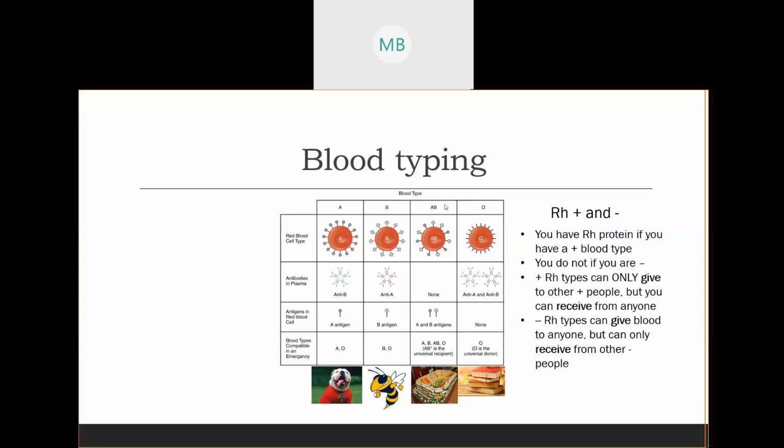So A and B end up being codominant with each other, and if an A mom and a B dad have a child, there is a possibility that the kid will inherit both name tags and end up with what is called an AB blood type. AB blood type means that all of the red blood cells on an AB individual have both the A and the B antigens on them. So an AB blood type carries around the name tags for both A and B.